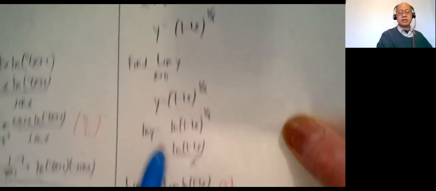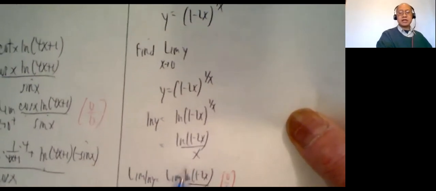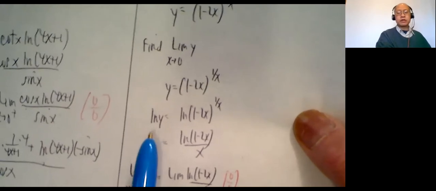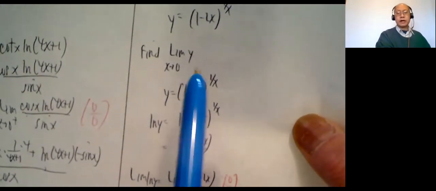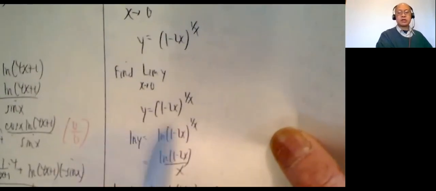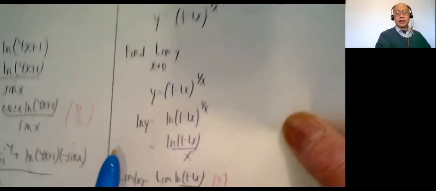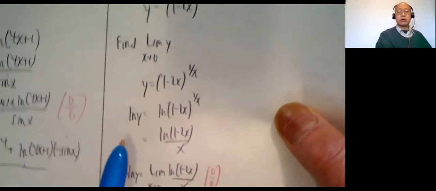Take the ln of both sides. Then you say, okay, I get something nice, but I only got it nice when I did the ln of y. Okay, but the original problem wasn't with the ln y, it was with y. So that's why in problem 59 and also 65, you have to switch back. I think that's answering your question. If not, ask again or send me an email or come see me during office hours.